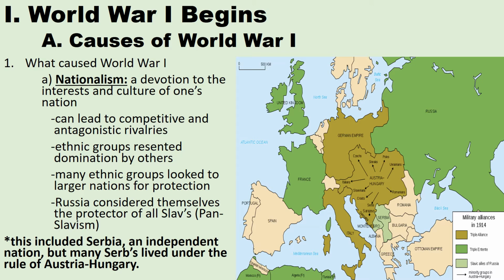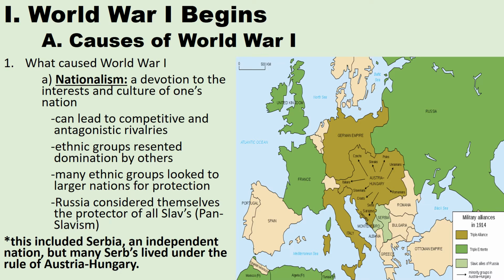Throughout the 19th century, understand that politics in the Western world were deeply influenced by this concept of nationalism. Nationalism, of course, is a devotion to the interest and culture of one's nation. And again, that's not necessarily a bad thing, but when it gets to an extreme, it can cause some problems.